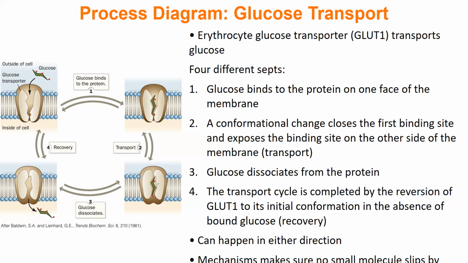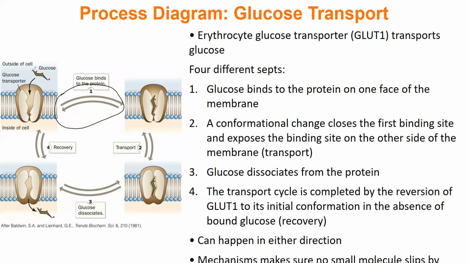Once we're open, the glucose is free to dissociate. And I do want to point out, you can bind here and just immediately unbind as well. But you can also go through this conformational change. Now you're open, the glucose can go into the cell, and then you reopen.